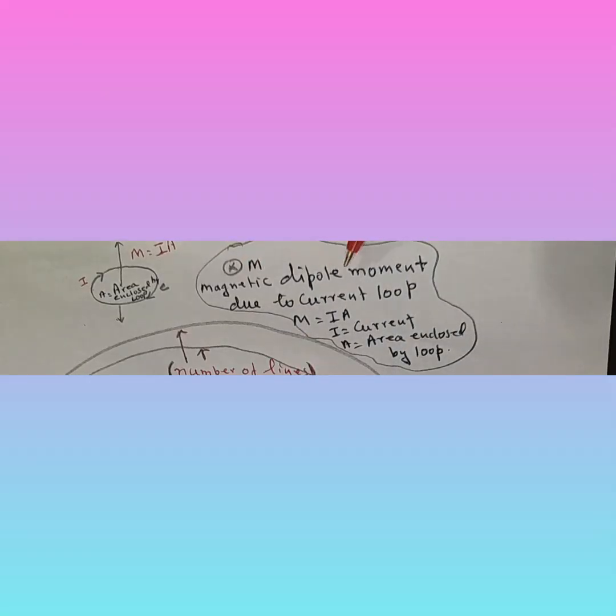Magnetic dipole moment due to current loop is M is equal to IA. Now this is the situation. Suppose current is passing through this loop. So this becomes the entire area. So what is the magnetic dipole moment for this system?